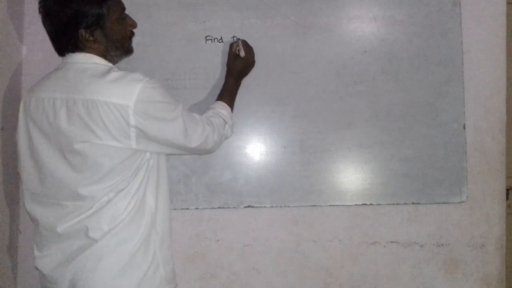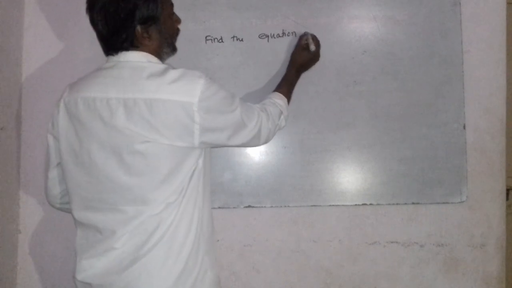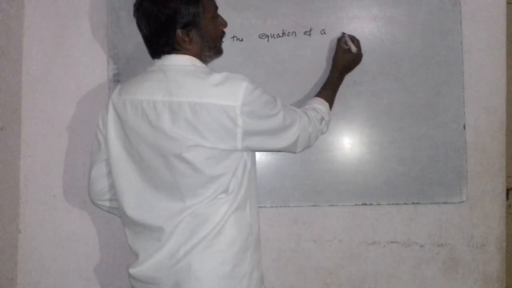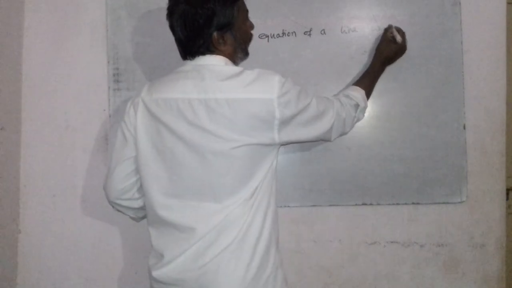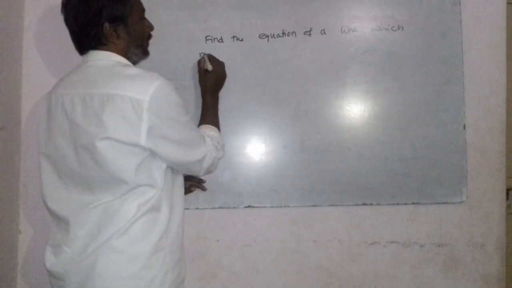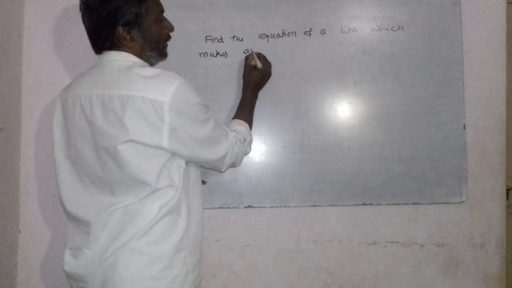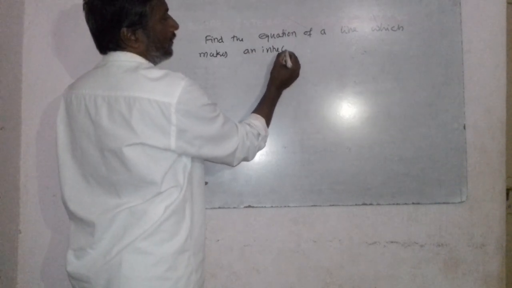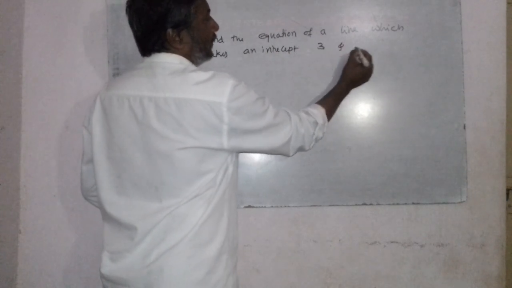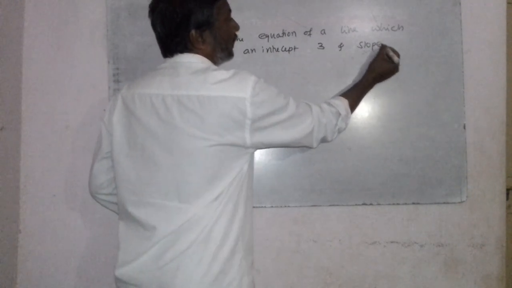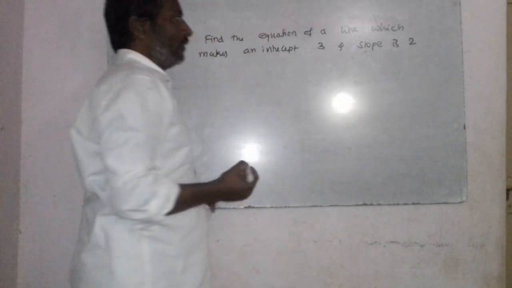Find the equation of a line which makes an intercept 3 and slope is 2.